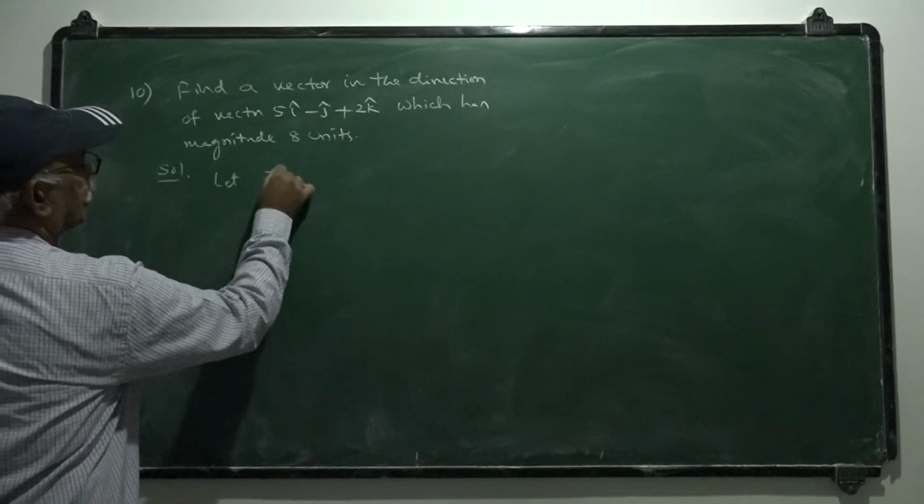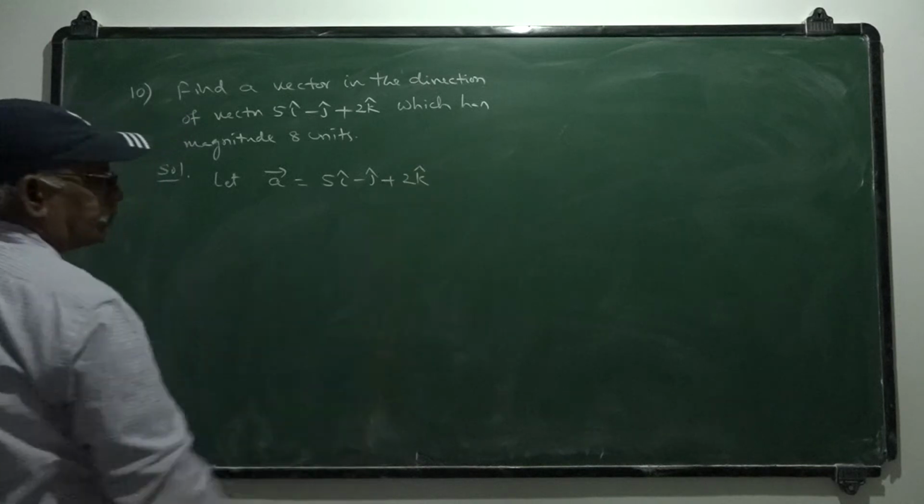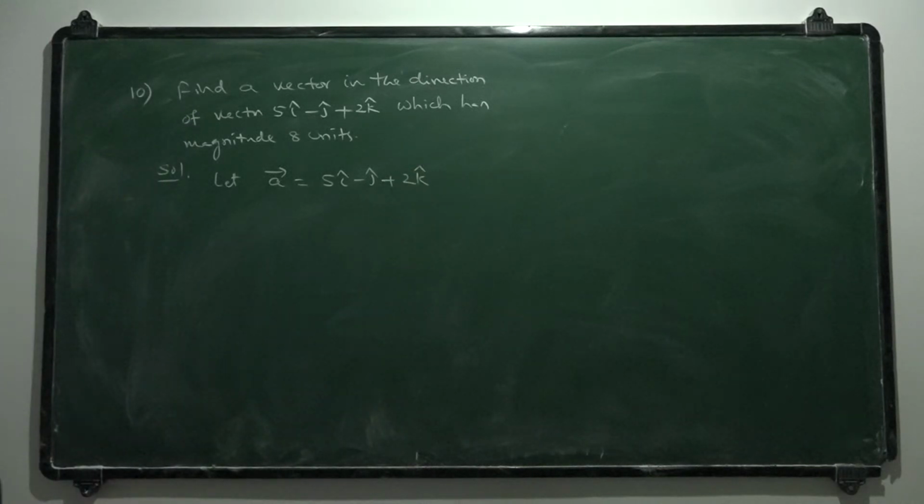For that, let A bar be 5i minus j plus 2k. Let the given vector be A bar.